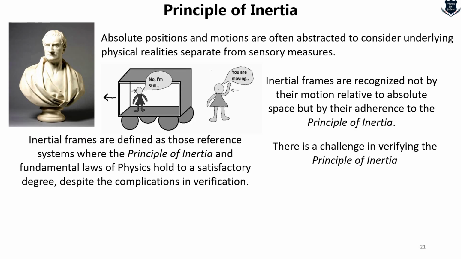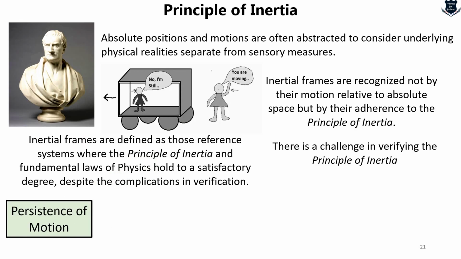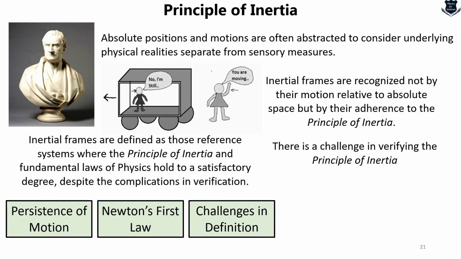So from this part of the video we get certain very important concepts. First is the persistence of motion, which is central to the concept of inertia. Next is Newton's first law of motion, which we will look a little bit deeper into in the next part of the video, the formalization of inertia as a fundamental principle, and the challenges in definition, because of difficulties in identifying forces acting on bodies and establishing uniformity across reference frame systems.